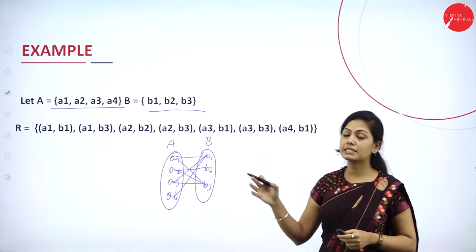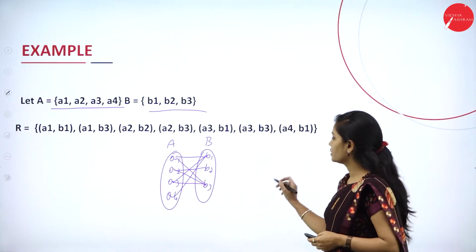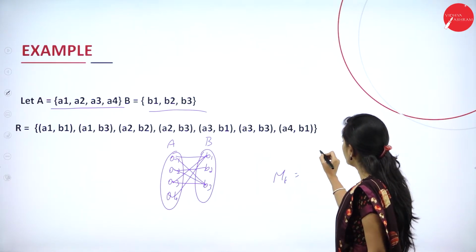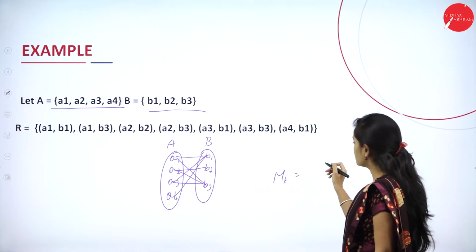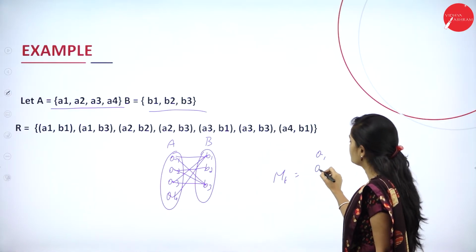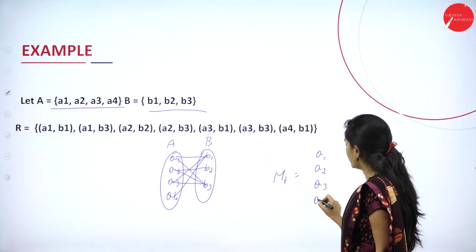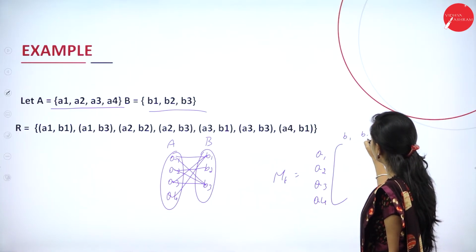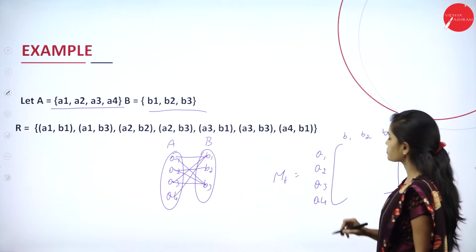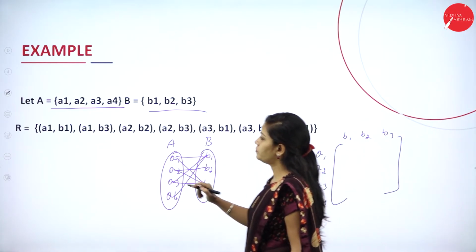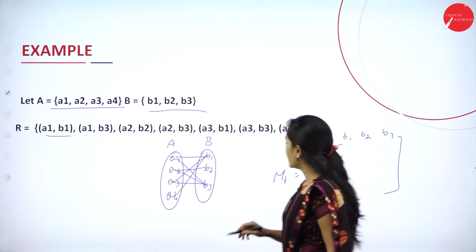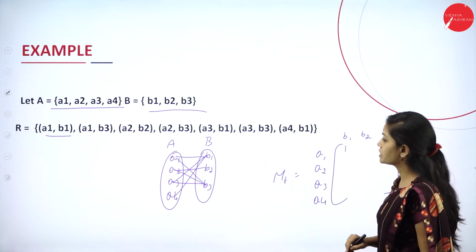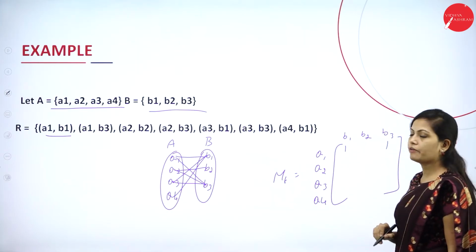And you can also represent this relation using matrix method. So how to represent using matrix method? Here in rows, I'll write the set A elements, that is A1, A2, A3, A4, and in columns, I'll write B1, B2, B3. In the given relation, I have A1, B1. In place of A1, B1, put 1. And the second relation is A1, B3, I will put 1.